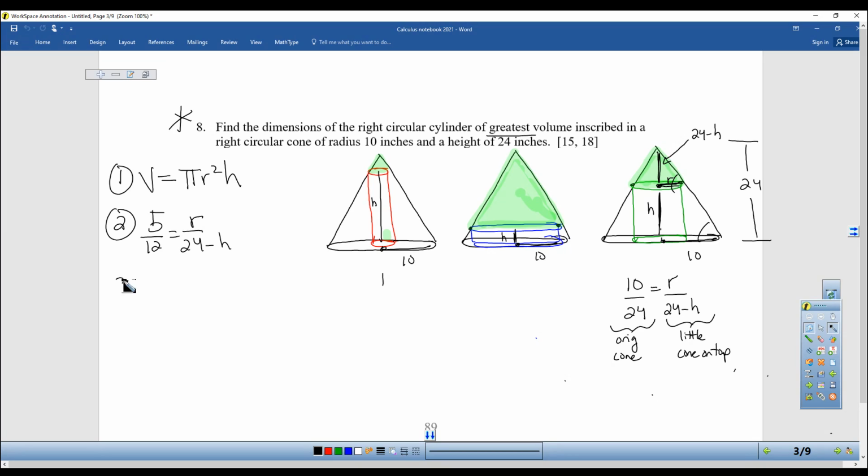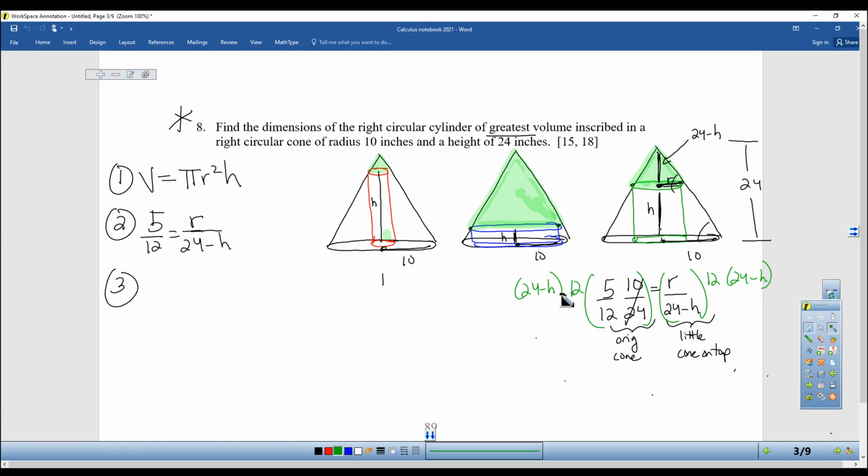I am going to use this constraint to reduce my equation to one variable. I feel like I'd be better off getting h alone, because if I got R alone, then I'd have to square it. And whatever this is going to come out to be, I don't want to square it. So let's clear the fractions. So I'm going to multiply both sides by 12 and both sides by 24 minus h.